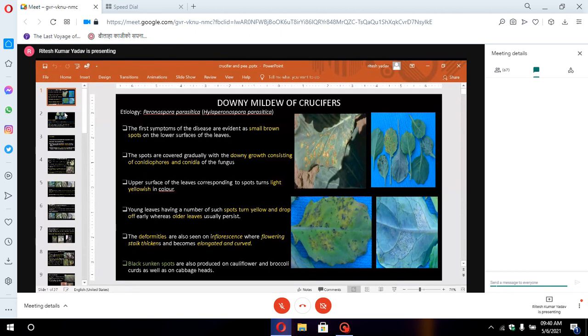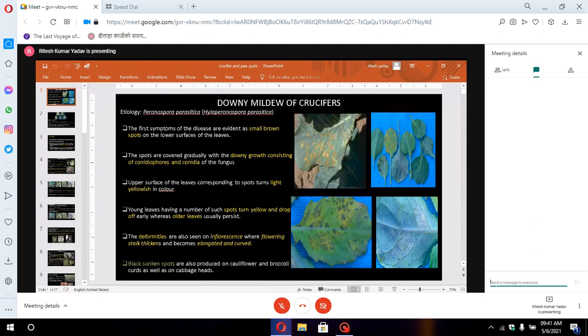to the curd of cauliflower. For broccoli, the flower is called the curd, or heads. Some black sunken spots may be seen, and that is further followed by invasion of some secondary pathogens such as Alternaria alternata. That's why sometimes the white creamish curds appear discolored, they appear black, due to which the marketability is reduced.